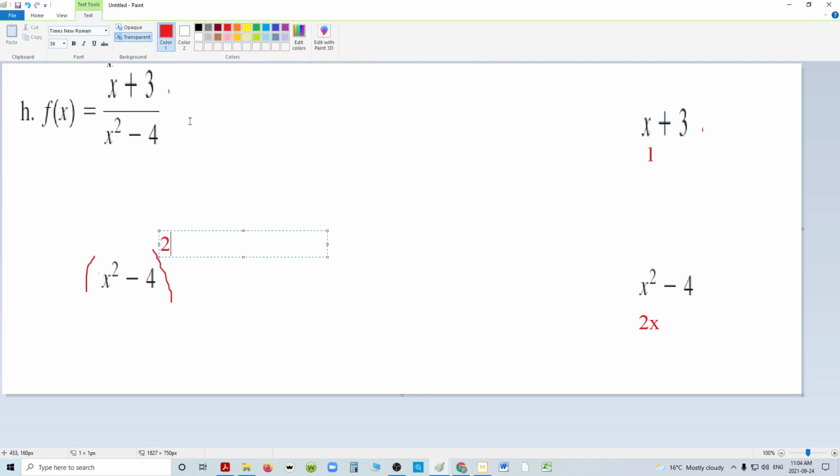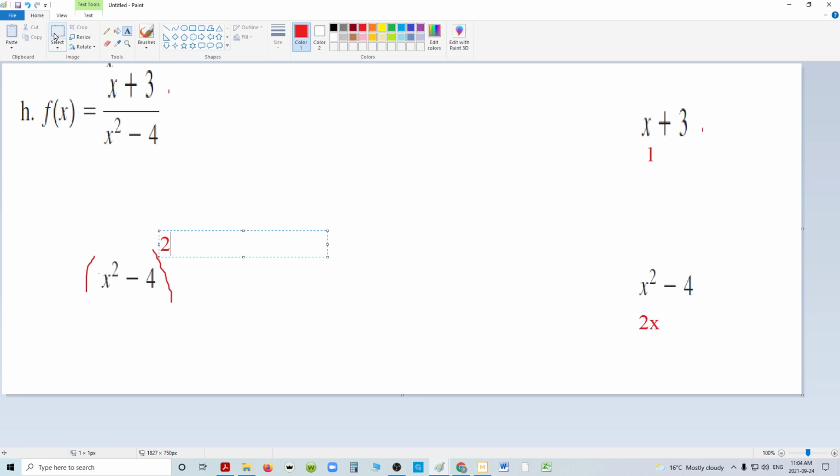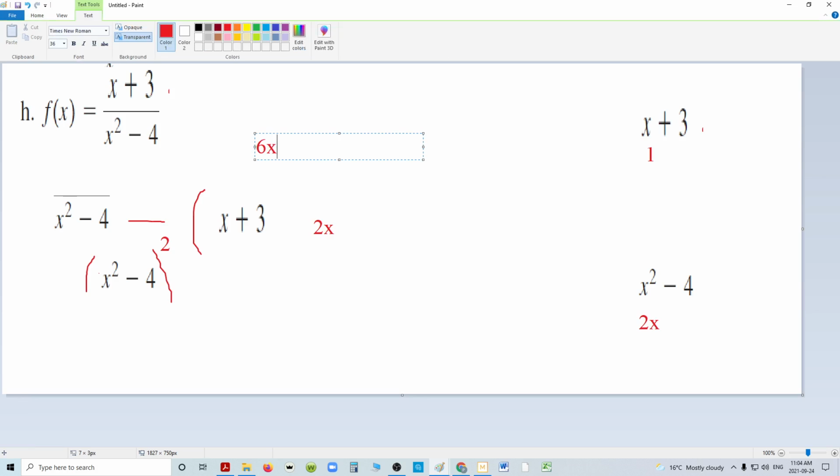And I'm going to take the bottom and multiply times the derivative of the top, which fortunately is just this. And then I have to subtract in brackets the function up top times the derivative of the denominator. When I multiply those out, I get 6x squared plus 6x.